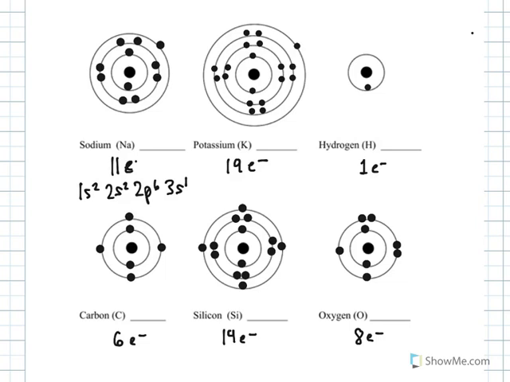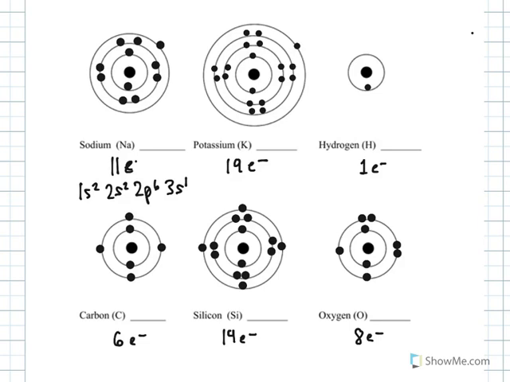These subshells, S, P, D, and F, tell you the shape of each of the orbitals. Whereas in the Bohr model, it is oversimplified. So the electron configuration gives you a better view of exactly where these electrons are and under which subshell.